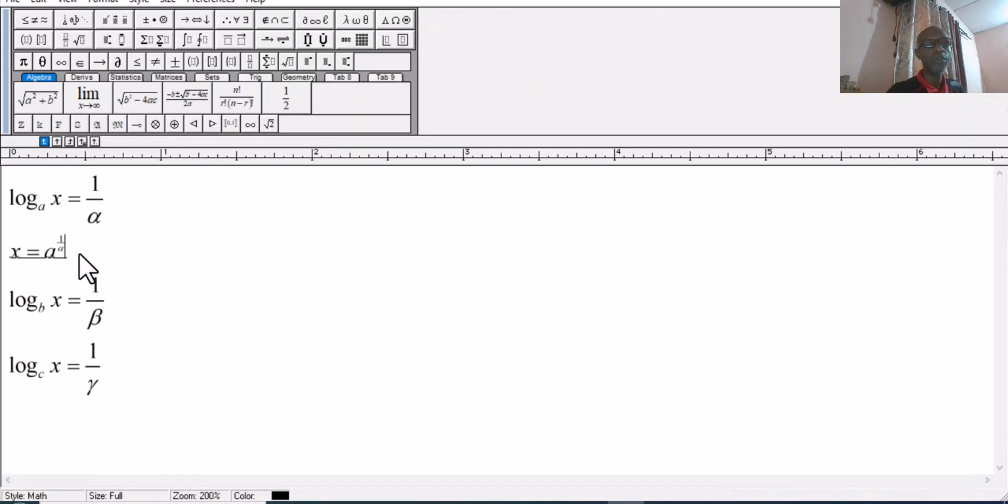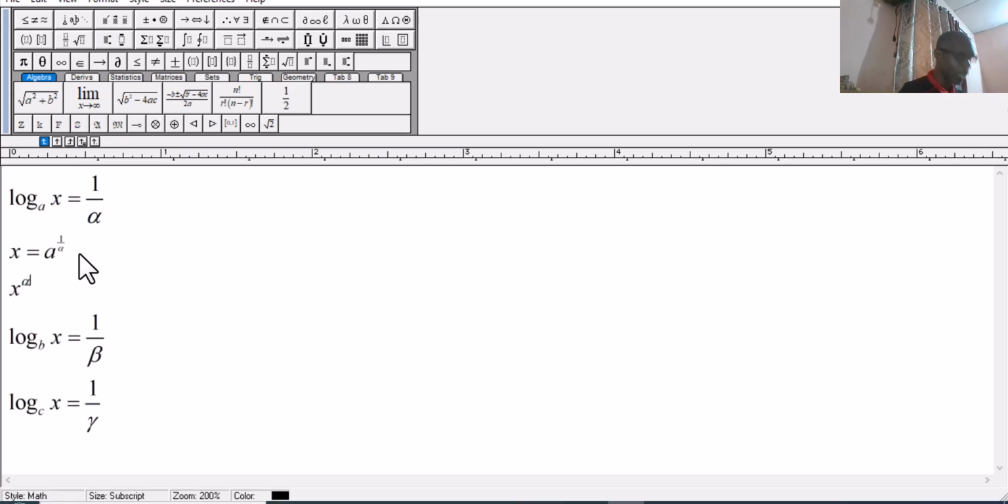So now we have x is equal to a raised to the power of 1 over alpha. We need to get our a. To get a, we raise both sides to the power of alpha. So we have x raised to the power of alpha equals a raised to the power of 1 over alpha, all raised to alpha.